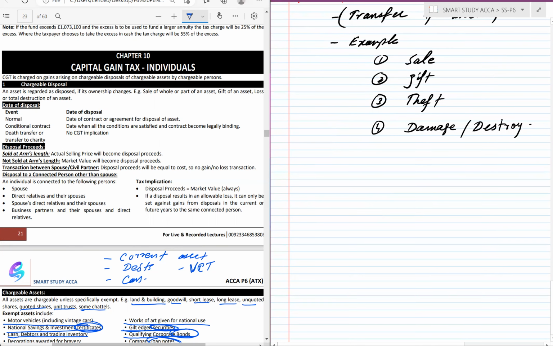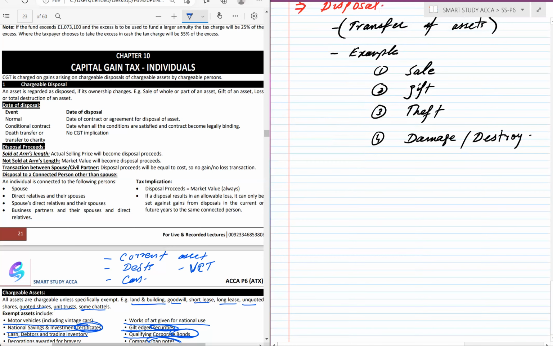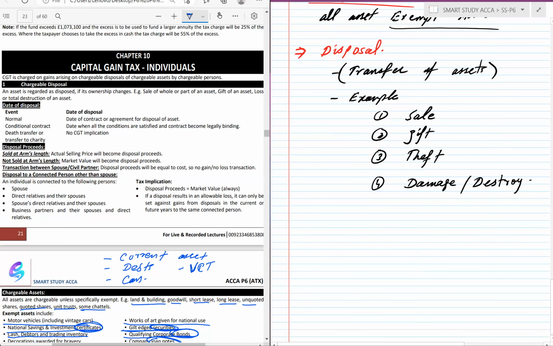So these are basically few examples. So disposal means transfer of asset. In each case, rules are different, but in each case, whenever asset will be transferred either through sale or gift or theft or damage, there will be CGT implications, but obviously the rules for the calculation of the capital gain will be different in each case.